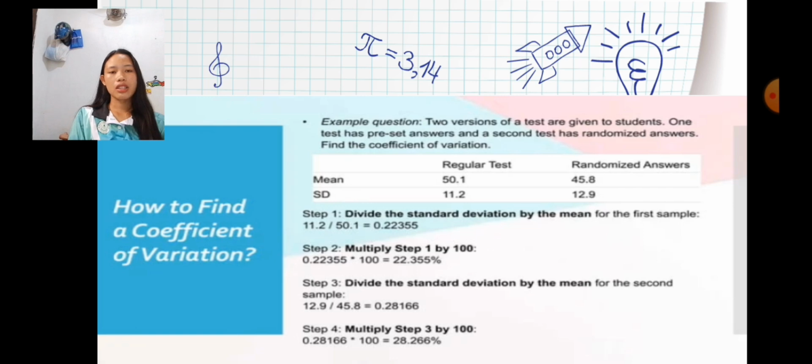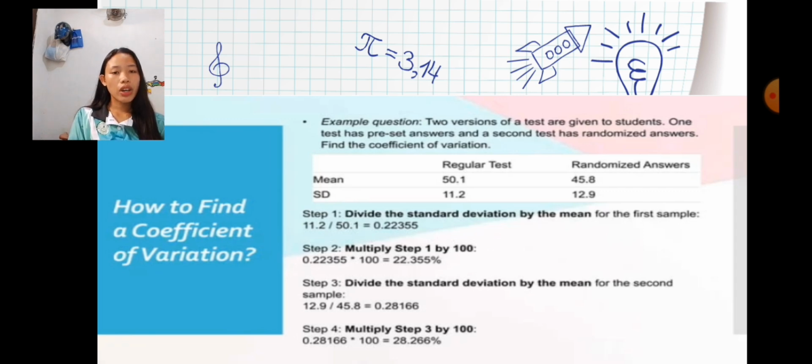Step 2, multiply step 1 by 100. So the answer from step 1, 0.22355, multiplied by 100 equals 22.355%. Step 3, divide the standard deviation by the mean for the second sample.